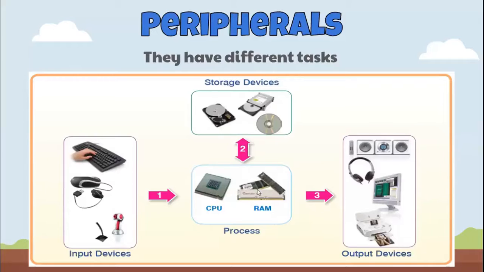And at the same time, as you know, it's not working separately. It's going to output devices like a speaker if you listen to some music, like earphones, and on the monitor you can see something, and if you want, you can print out.